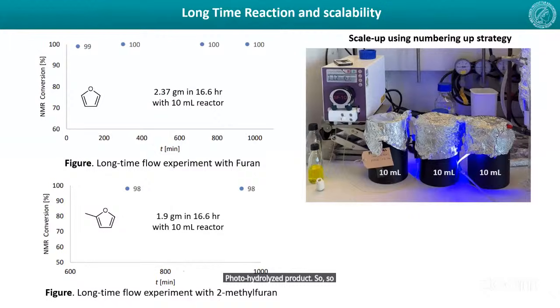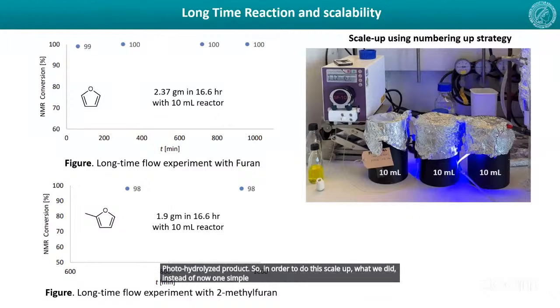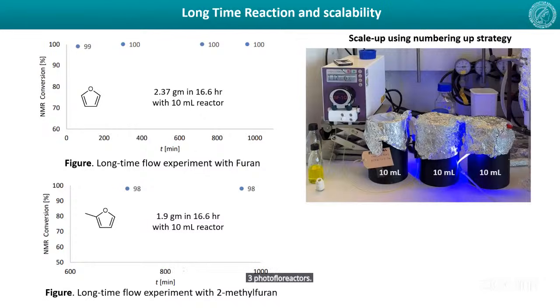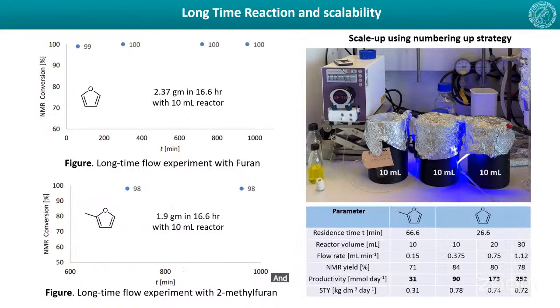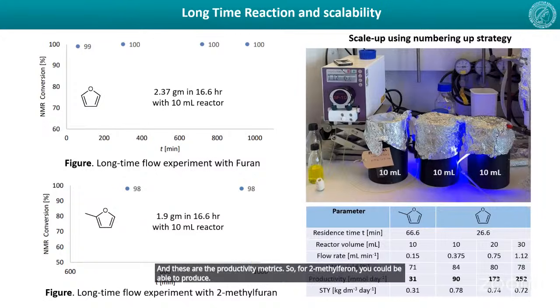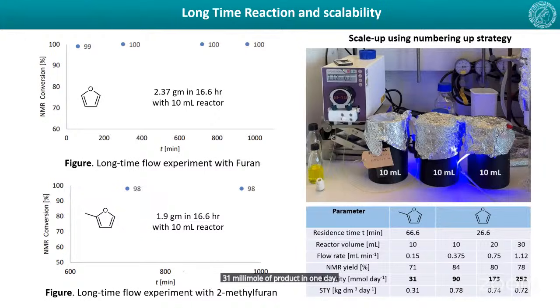So in order to do the scale up, instead of one simple reactor, we combined three photoflow reactors, each consisting of 10 ml reactor volume, and these are the productivity metrics. For 2-methylfuran, we were able to produce 31 millimole of product in one day, which corresponds to 0.31 kilogram per dm cube of space-time yield.